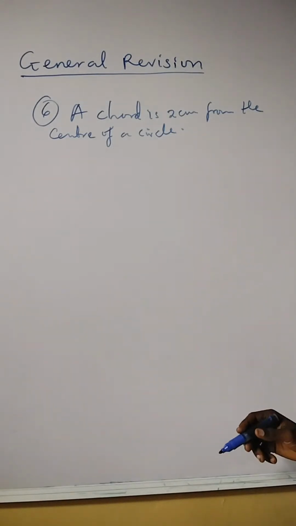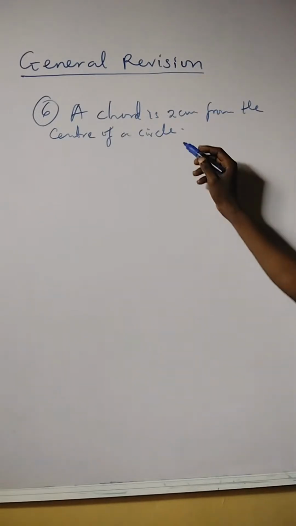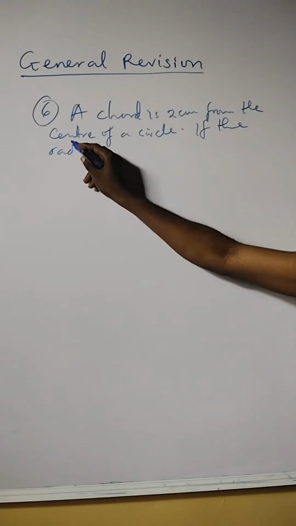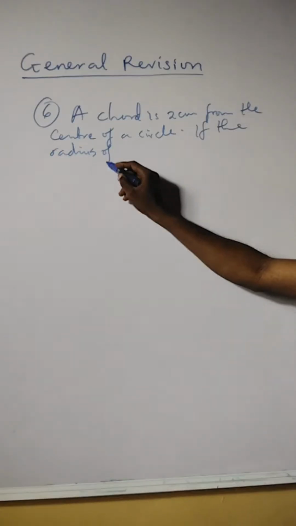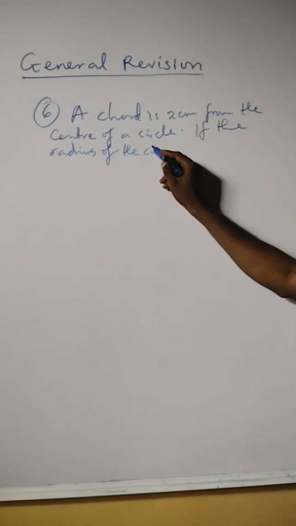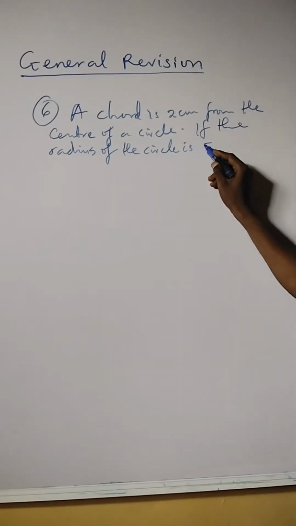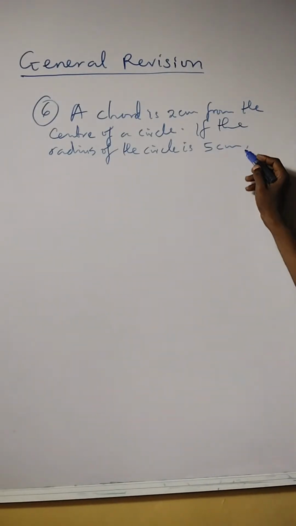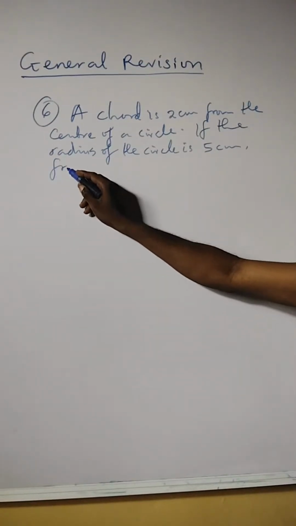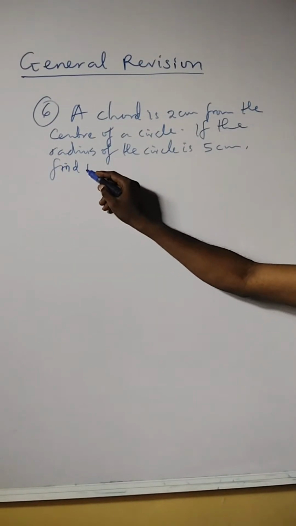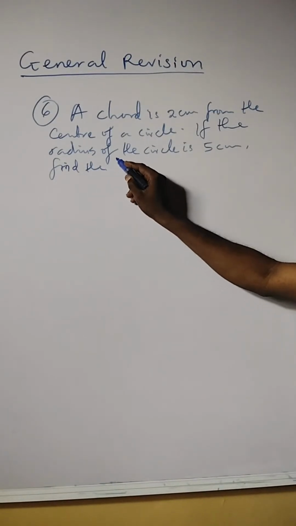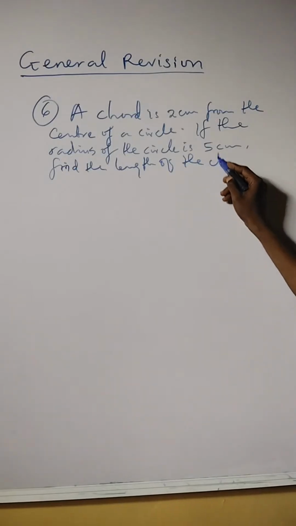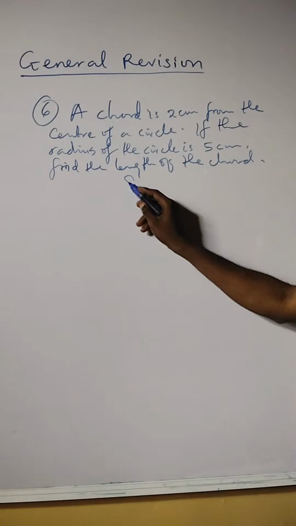If the radius of the circle is 5 centimeters, find the length of the chord. All right, let's consider this question.